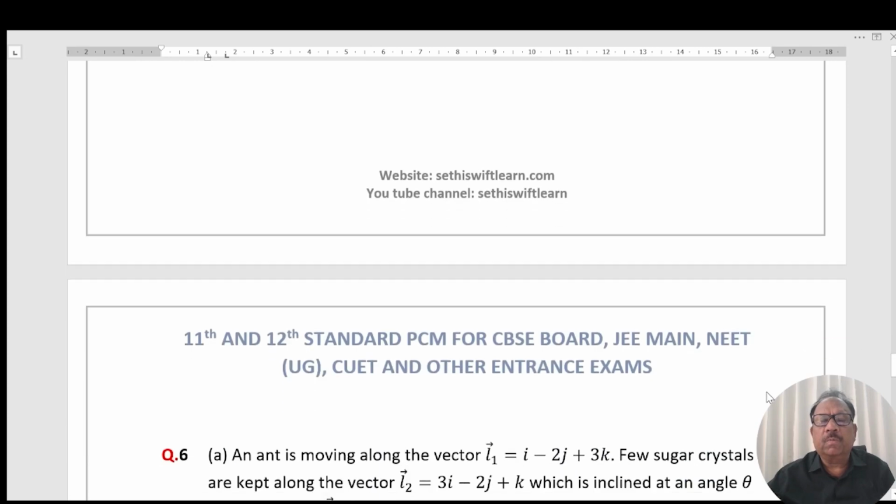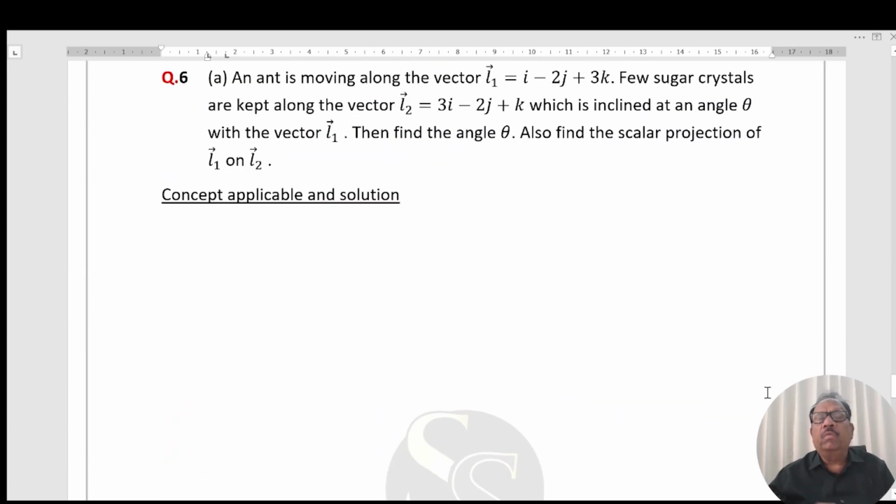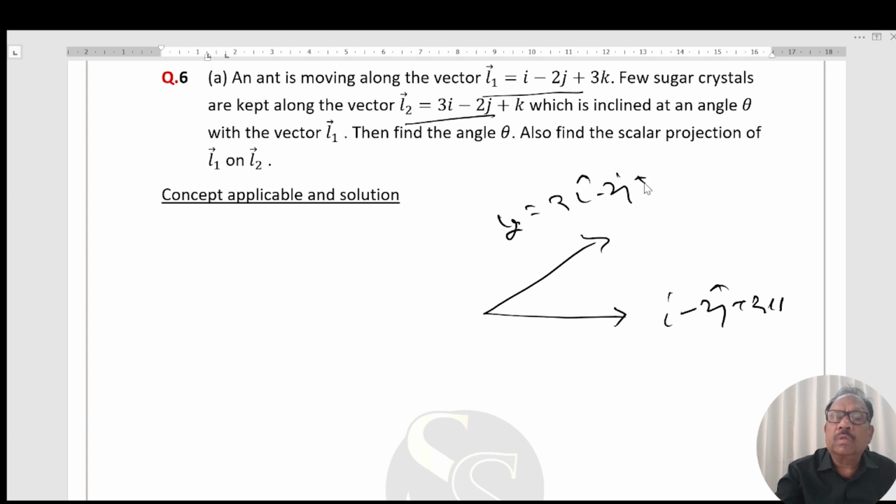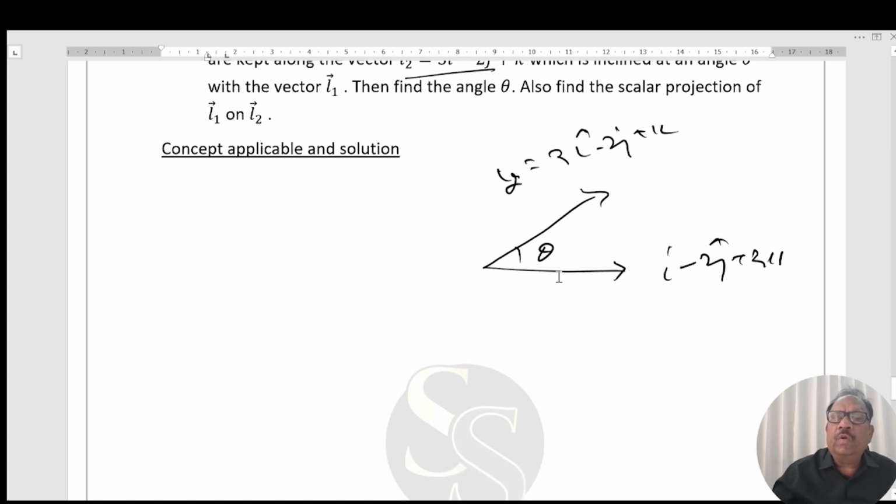Right? Next question. An ant is moving along the vector L1, which is inclined at angle theta with L2, that is, the angle between the two vectors is theta. L1 is i minus 2j plus 3k, and L2 is 3i minus 2j plus k. We have to find angle theta.